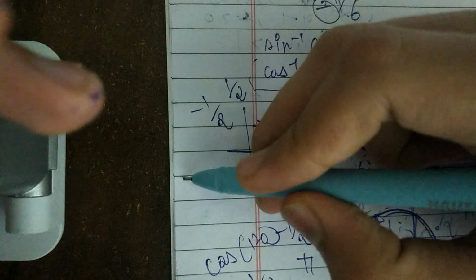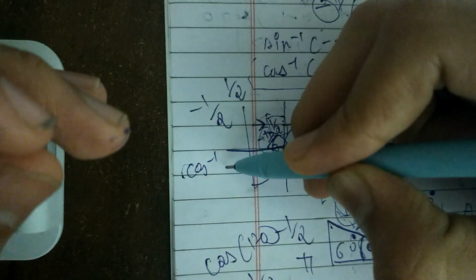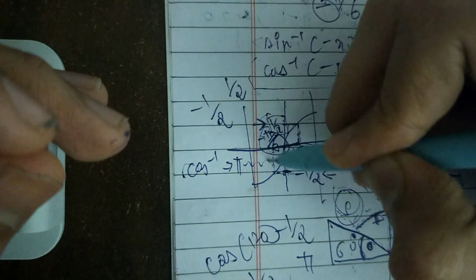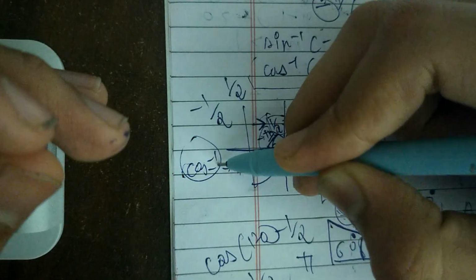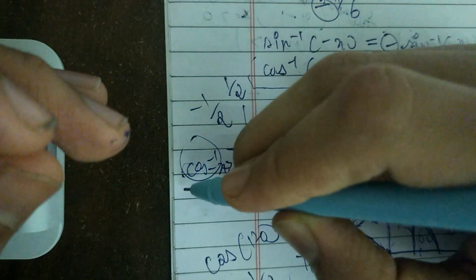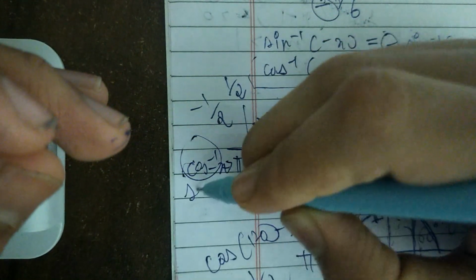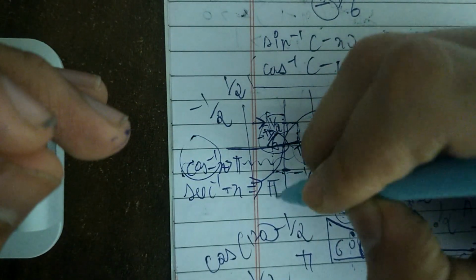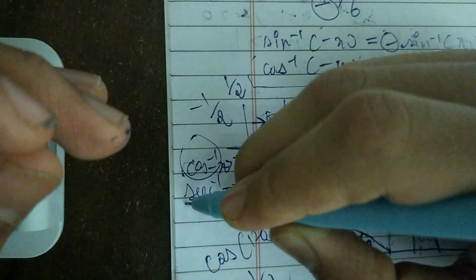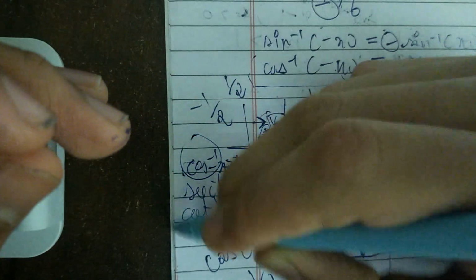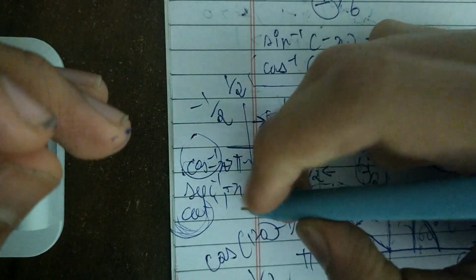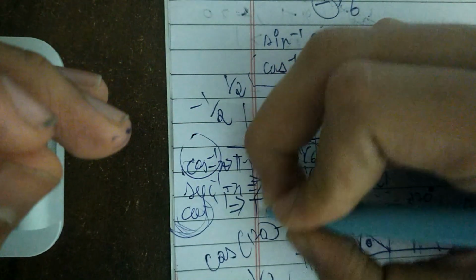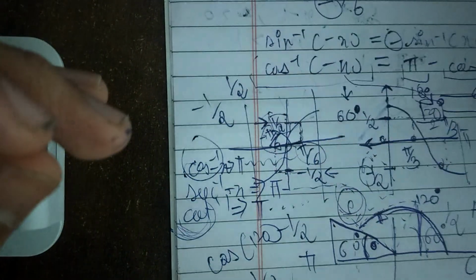And whenever cos is dominant, so cos inverse of minus x is pi minus cos inverse x, and then sec inverse of minus x equals pi minus sec inverse x, and likewise cot inverse, where cos is dominant, we get pi minus cot inverse x.